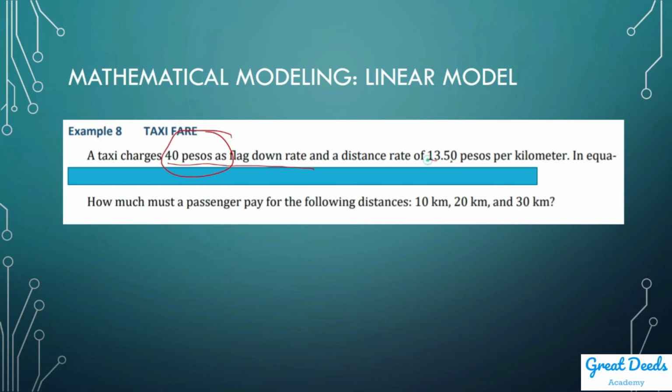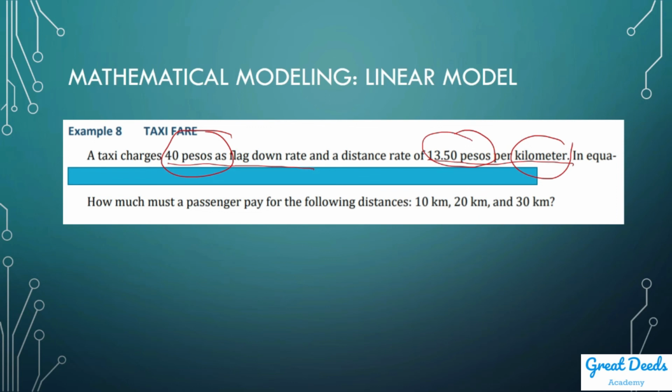Okay, so how about this? 13 pesos and 50 centavos per kilometer. That is your slope, the change in y over change in x. The change in what you pay is this for every 1 kilometer change in distance.